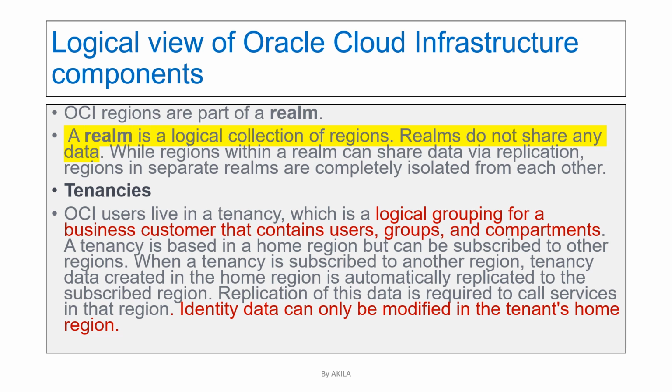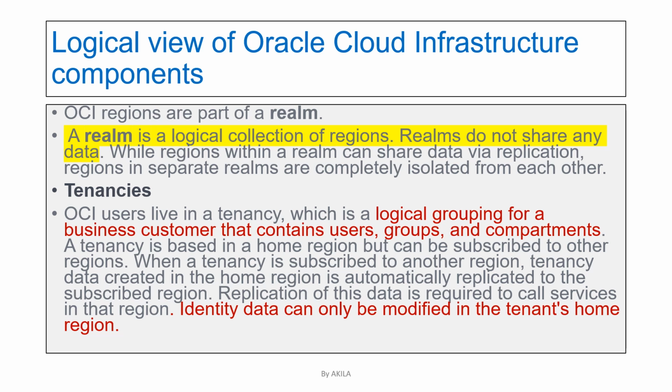We will see what groups and compartments mean. We know who the users are: the people going to deploy their applications. What a group is and what compartments are, we will study later. But right now, have an idea that a tenancy is the logical grouping of users, groups and compartments.